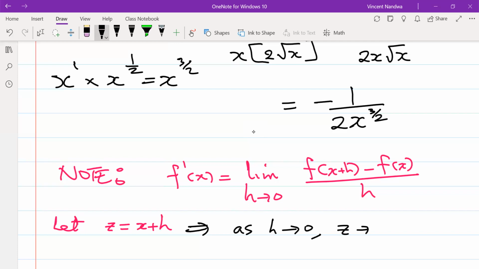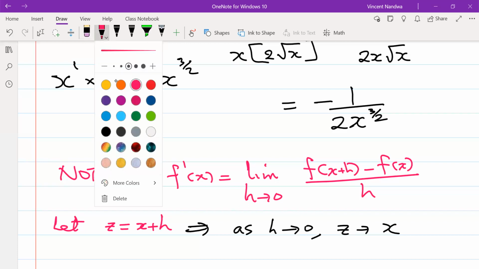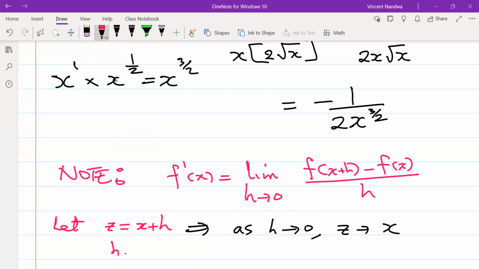So when you say as h approaches 0, it's like when you replace h for 0, what will be the value of that equation? If I put 0 here, z approaches x, okay? That's the implication of that equation when you say h is approaching 0. Now, from that, what is the value of h?